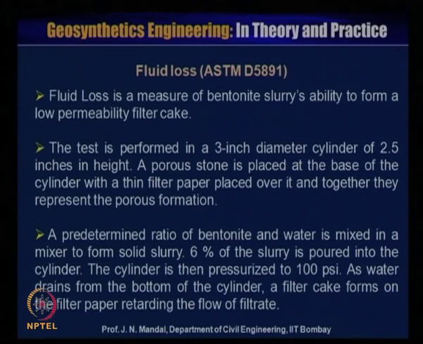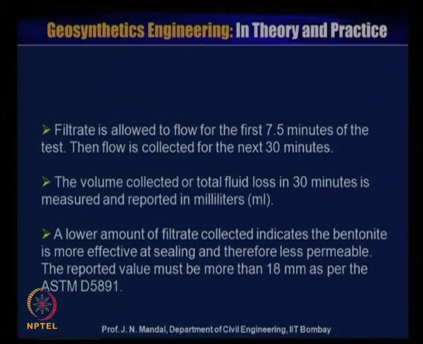The cylinder is then pressurized to 100 psi. As the water drains from the bottom of the cylinder, a filter cake forms on the filter paper, retarding the flow of filtrate. The filtrate is allowed to flow for the first 7.5 minutes of the test, and then flow is collected for the next 30 minutes.